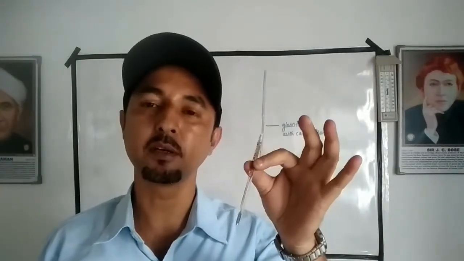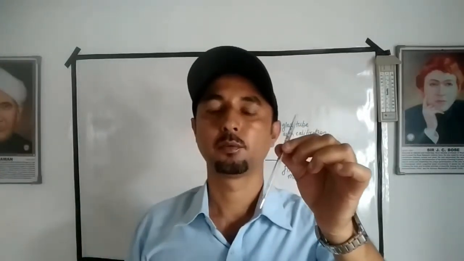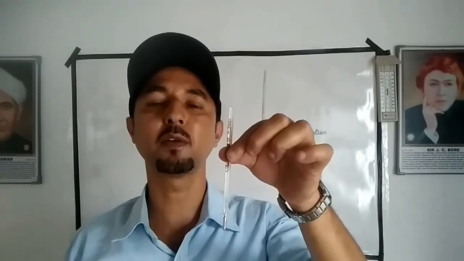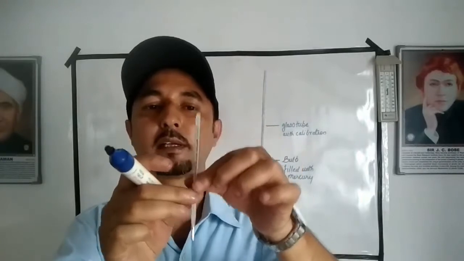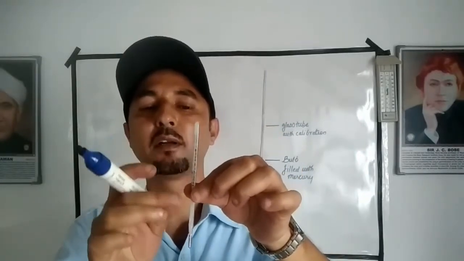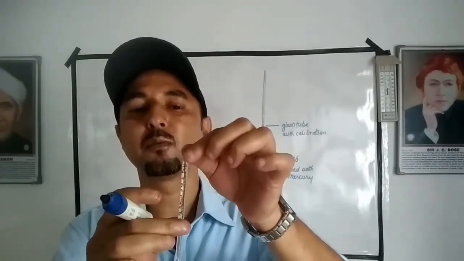Construction of a thermometer. I have a clinical thermometer with me. As I told you, it is comparatively smaller to a laboratory thermometer. The lowest part of this thermometer is known as the bulb of the thermometer, whereas the upper is the glass tube with calibrations. That means they are numbered from 35 degrees centigrade to 45 degrees centigrade.